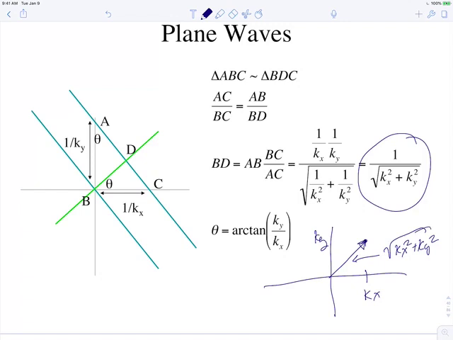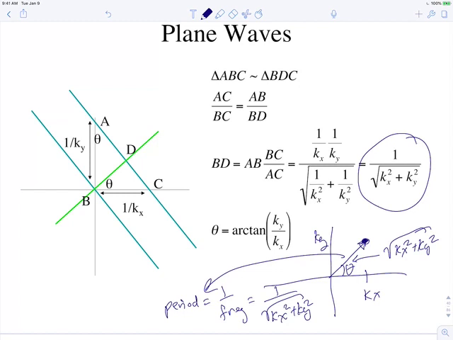So anything off diagonal has a spatial frequency of 1 over that, and the period, 1 over the spatial frequency, is equal to 1 over kx squared plus ky squared. And it's also at this angle theta.